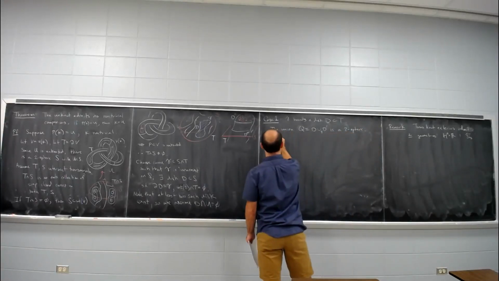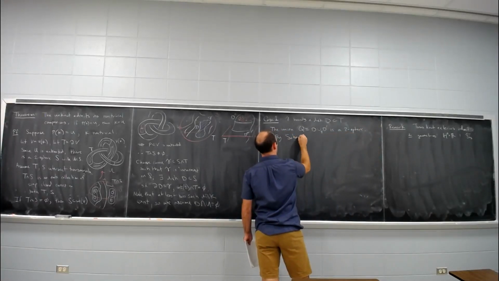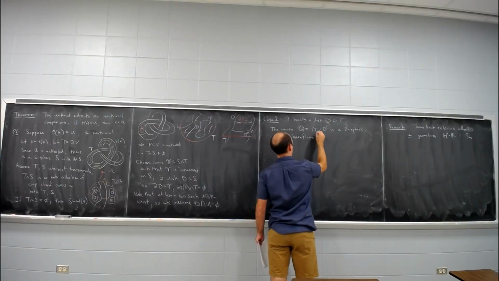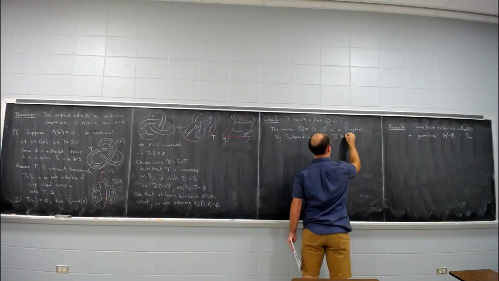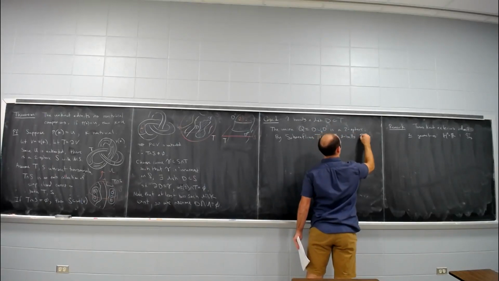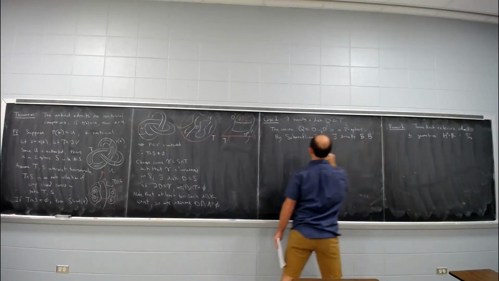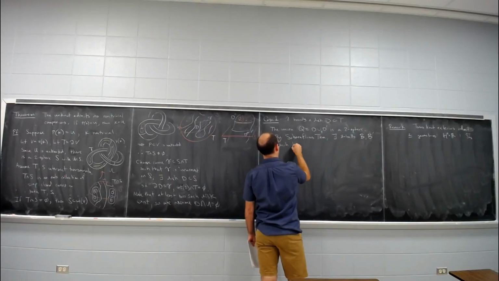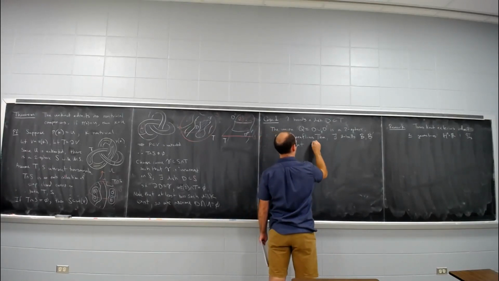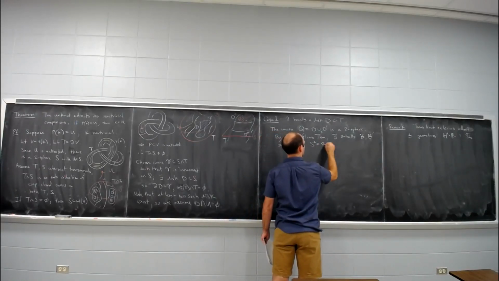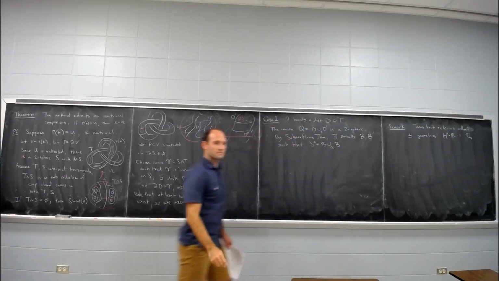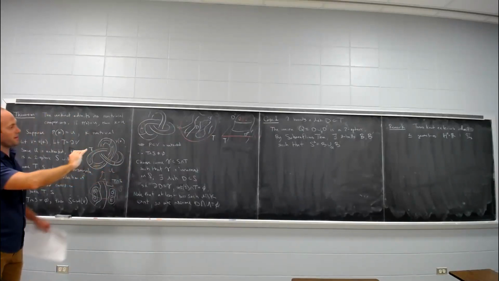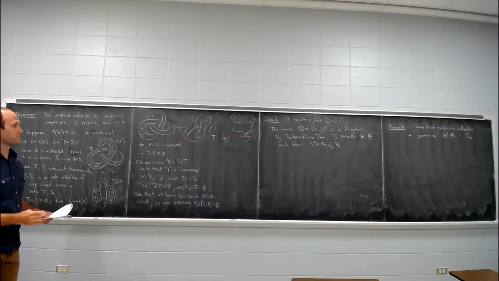So by the Schoenflies theorem, there exist three-balls B and B prime, say, such that S3 is B union along Q, B prime. Okay, so there's a three-ball inside and there's a three-ball outside of this sphere.